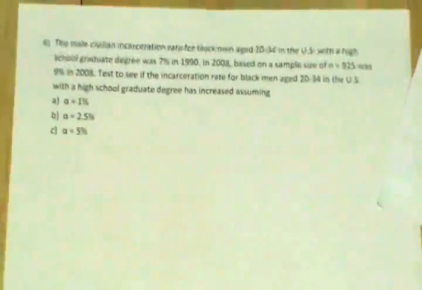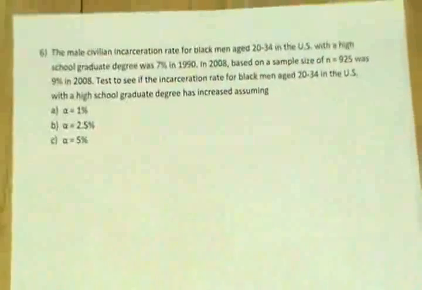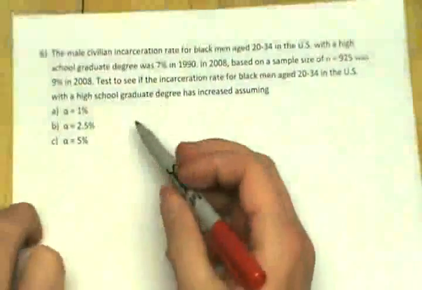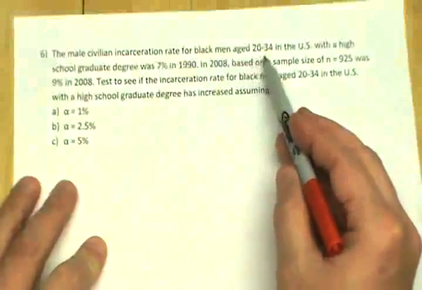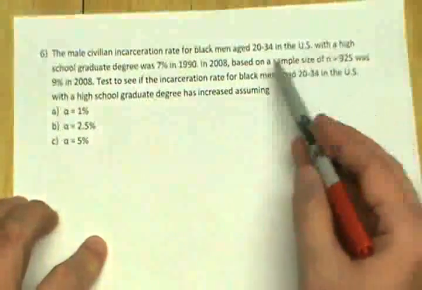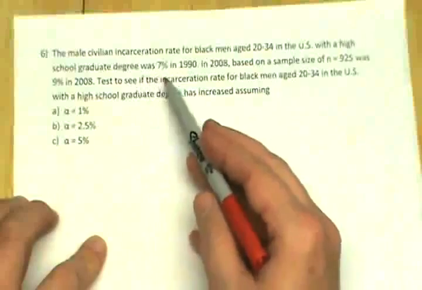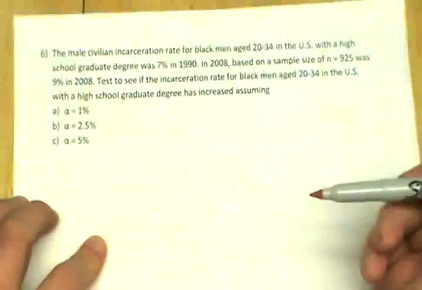Next question is, here we go. Let's do the male civilian incarceration rate for black men aged 20 to 34 in the U.S. with a high school graduate degree was 7% in 1990.